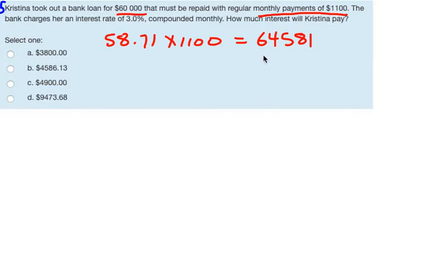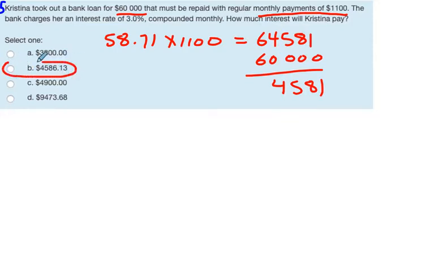Now if we subtract the principal, the amount at the beginning, we will get $4,581. Now you can see this is quite close to what this number is. And the reason why it's off by a little bit is because this was rounded off a little bit too much.